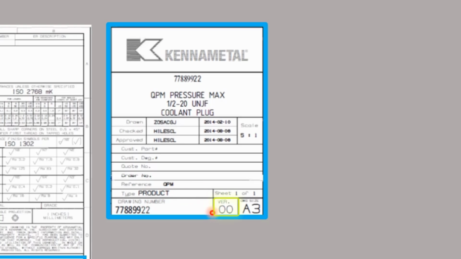Very important to note the version number of the drawing. In this case, it's the very first version or the 00 version, and so there's no issue. Occasionally, people in a factory will print out a blueprint and take it over to a machine or an instrument, and it can sit there for years.